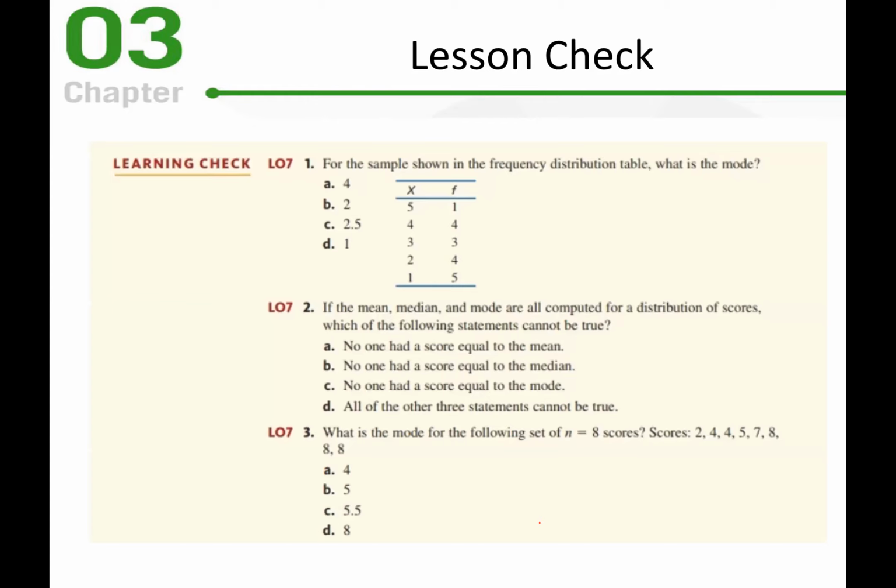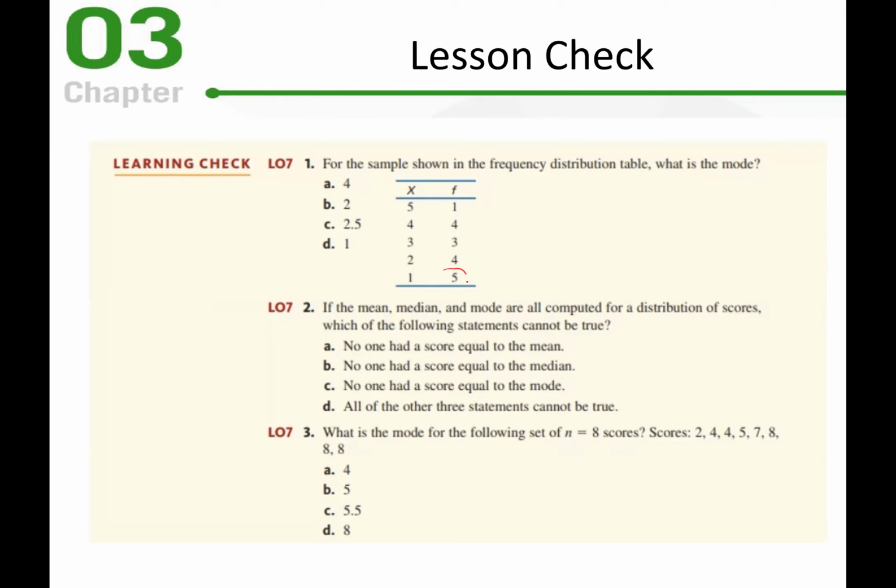So let's do some questions with the mode, all right? For the sample shown in the frequency distribution table, what is the mode? Which score comes up the most? One person scored a 5, four people scored a 4, 3 people scored a 3, 4 people scored a 2, and 5 people scored a 1.